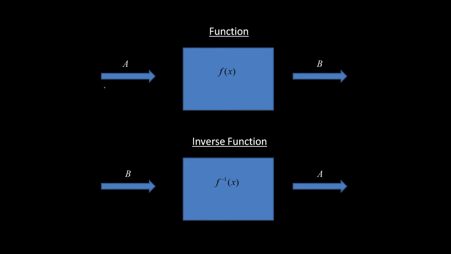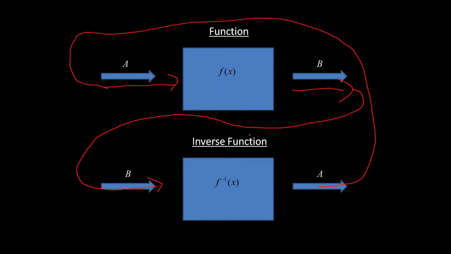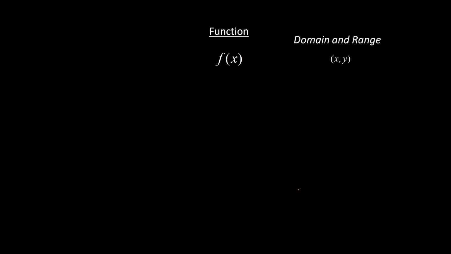So again, if you put something in this function, it gets some number out. If you take this same number and put it into the inverse function, it will output A again. Now imagine a regular old function has some domain and range of x and y.